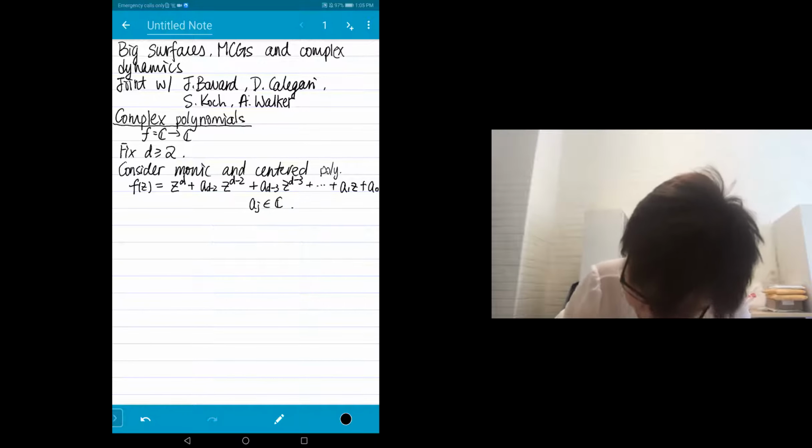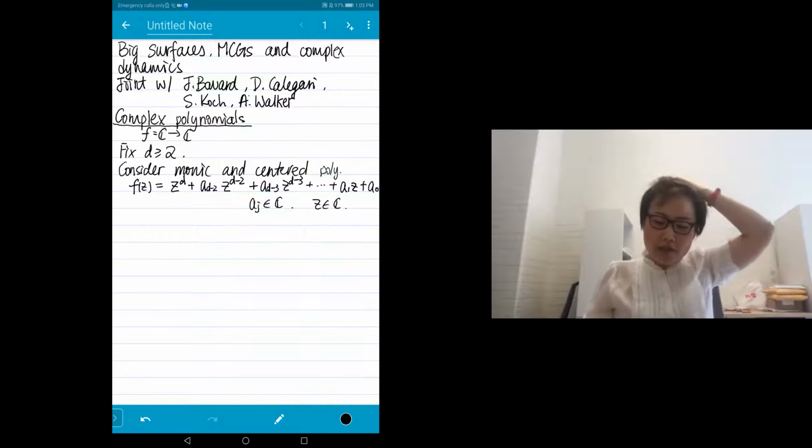So you have a coefficient for z to the power of d minus 2, and a d minus 3 term, and so on, all the way to z and a0, where all the coefficients are complex numbers. And of course, z is also a complex number.